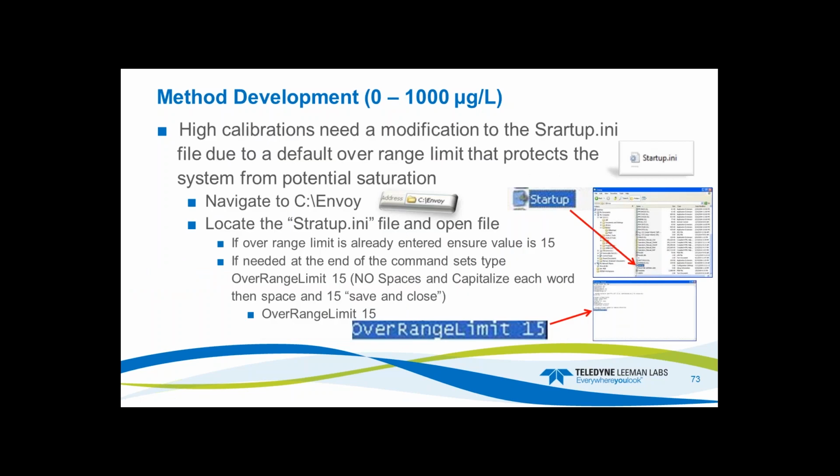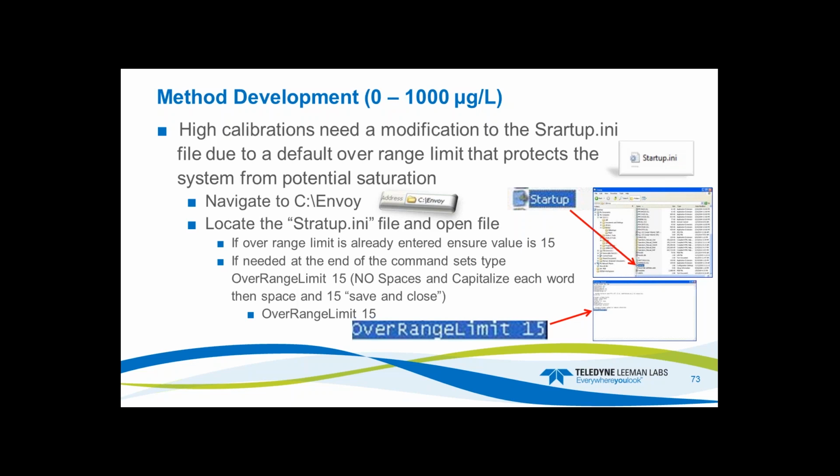Maybe not quite. Okay, so high calibrations need to modify the startup INI file. So that INI file, as I said earlier, is a simple file that has some basic functions to control some of the activities within the software. So navigate to C, Envoy, because we need to change the overrange limit from a default of 5 up to 15.